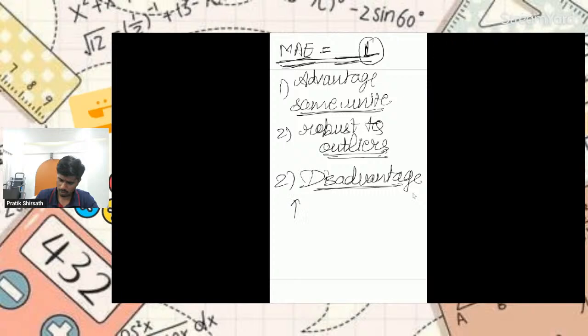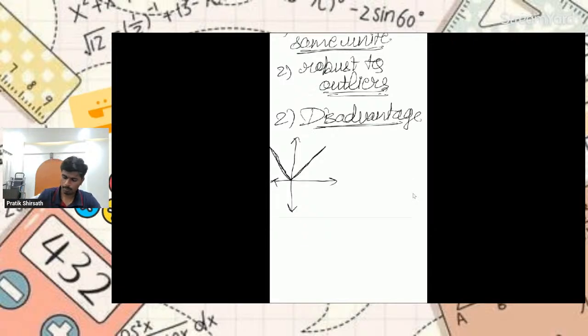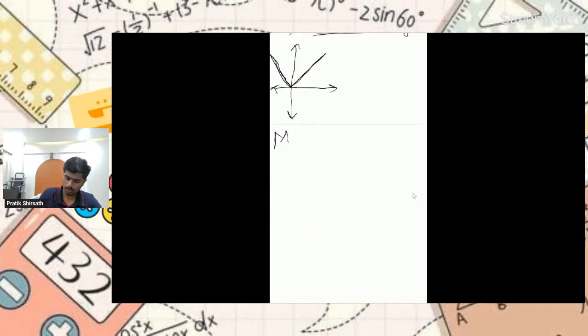The graph is not differentiable at 0. This is somewhat the graph for mean absolute error. Due to this, we do not use mean absolute error, but we use mean square error.